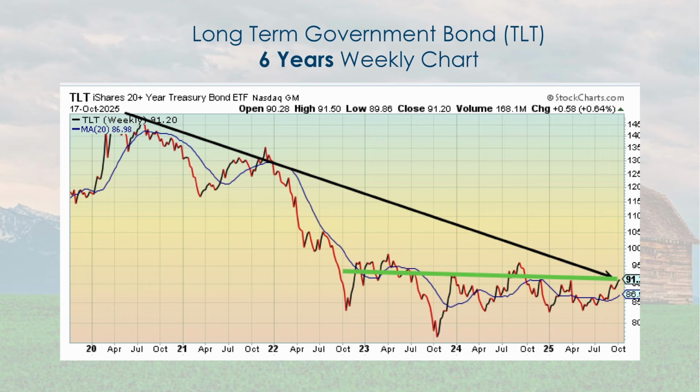This is a 6-year chart, and I put a green line in here to show from now, the far right, back about 3 years, and you can see the price of TLT is about the same as it was about 3 years ago. And the direction is still in a downward direction.